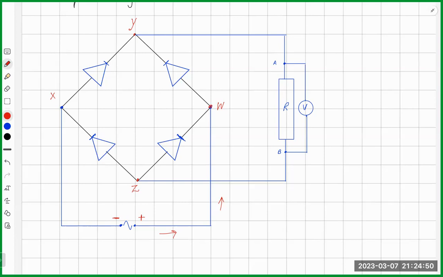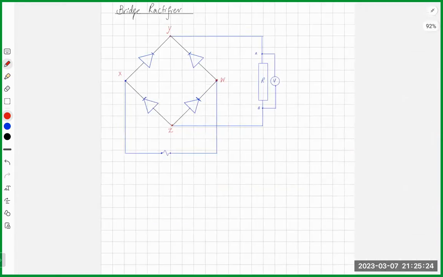Current will go towards Y. At Y, it will go towards A and then it will go to B, and at B, it will come back to Z. At Z, it will go to X and X to the negative terminal of the battery, completing the circuit. So whatever the potential on the terminal is, whether the right side of the supply is positive or the left side is positive, the current is going from A to B for the resistor. So current is still moving in the same direction.